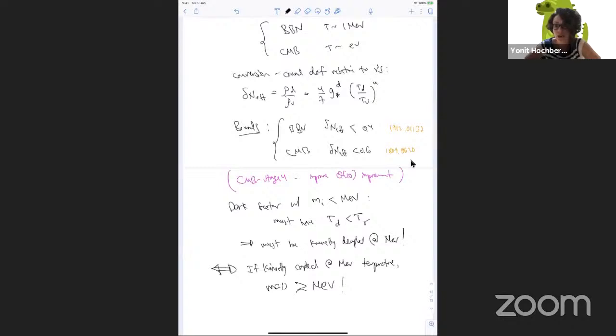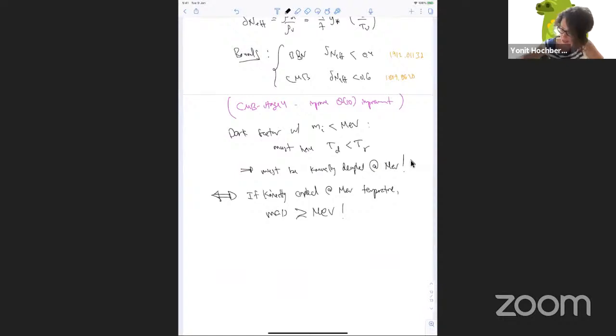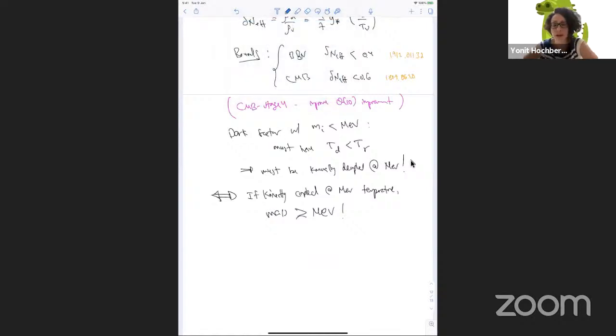For instance, let's think for a second about the SIMP. It's also true for the WIMP. But if I had any process, any mechanism that we worked out that needed kinetic coupling with the standard model, for instance, SIMPs, where we had to dump that entropy, we had to be kinetically coupled with the standard model at the time of freeze out.